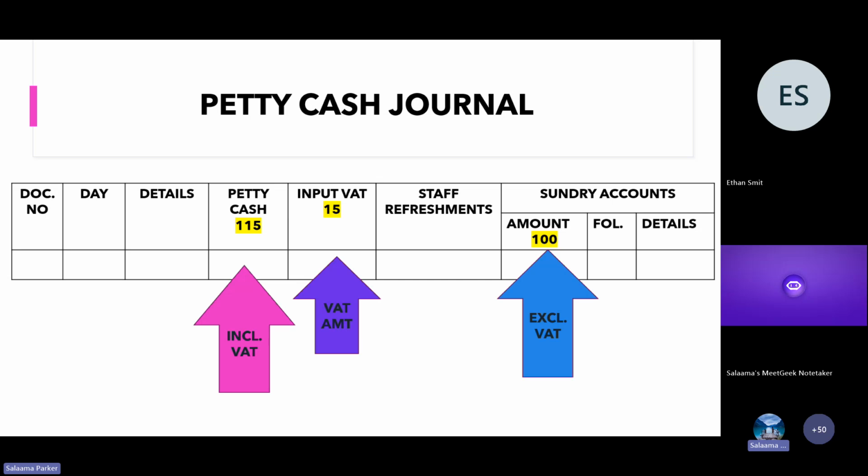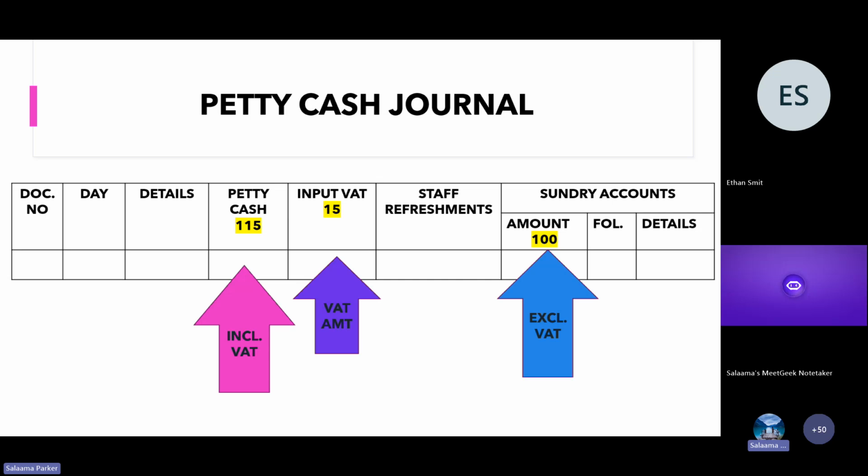But also take note that it will be exclusive of VAT.